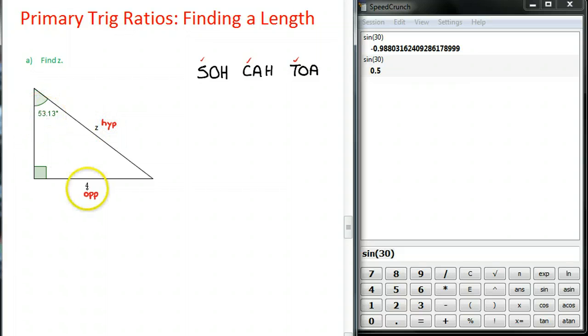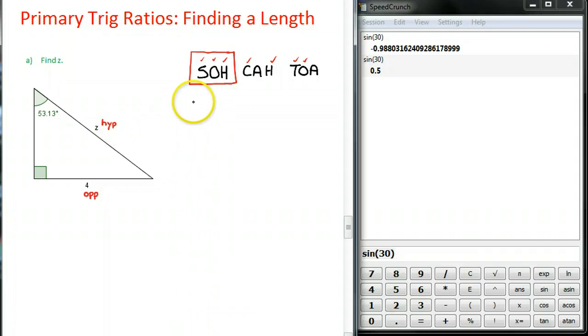So if I'm given the opposite, and I have to calculate the hypotenuse, there's the opposite, I have the hypotenuse. Once I get 3 check marks, I know which primary trig ratio to use. Now of course you don't want to do this every time, and with practice you can pick these out. But when you're learning, sometimes having little patterns to follow is helpful.